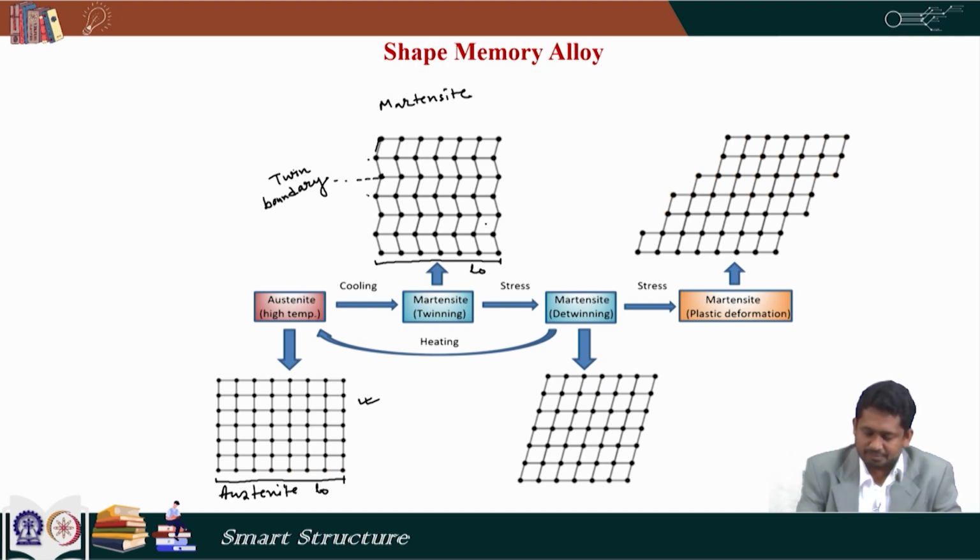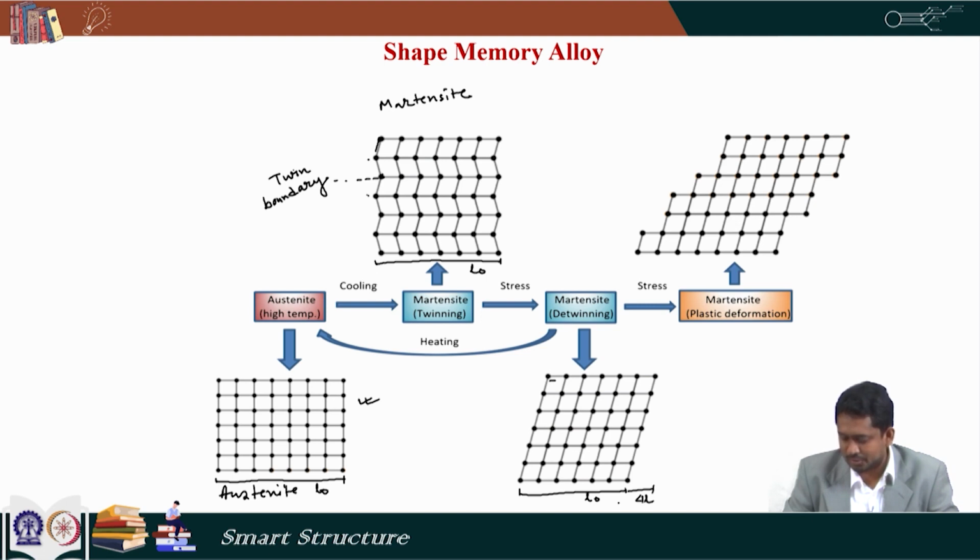Now, if some force is applied on this twin structure, maybe a shear force like this, then this twin structure changes and the entire thing detwins and it looks like this. If I compare this with the earlier one, they are not the same even macroscopically, and microscopically also different.